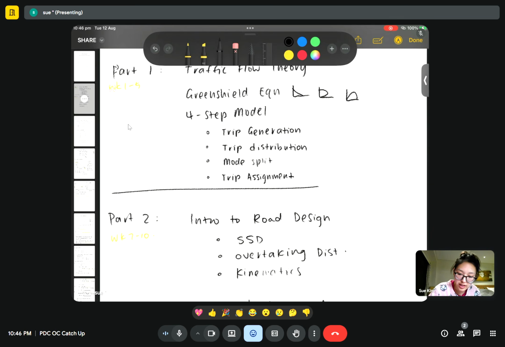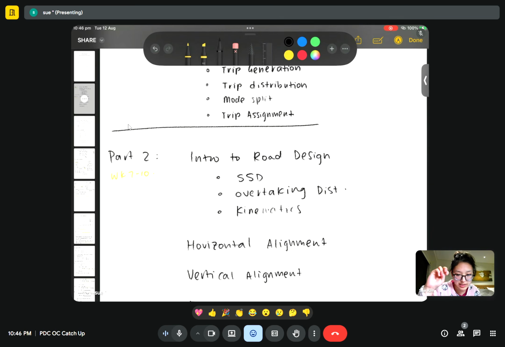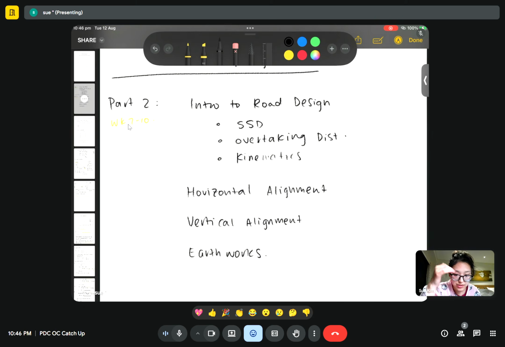And then part 2, the first week, week 7, was intro to road design, which is the stopping sight distance questions, where the question is just based on stopping sight distance, not the curvature of the road. And then overtaking distance calculation and kinematics, like force questions. And then we have horizontal alignment, which is designing for when the road is curved like this.